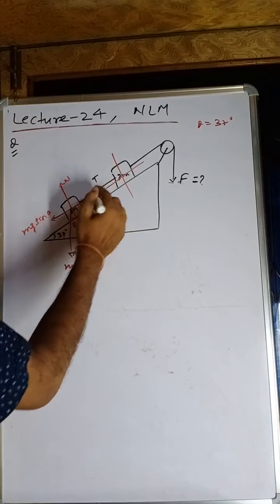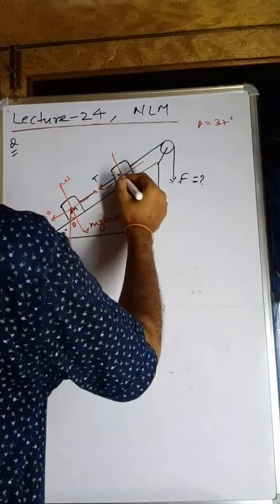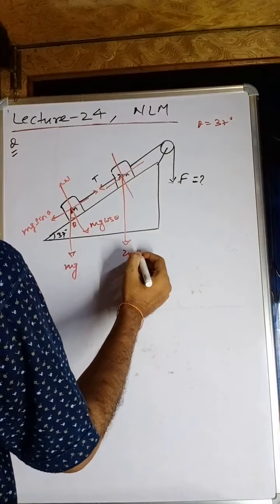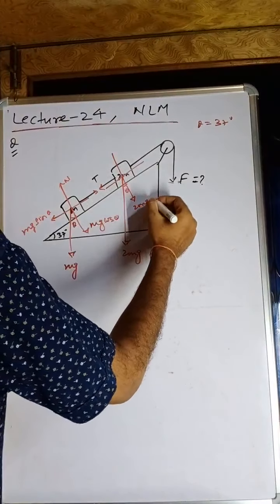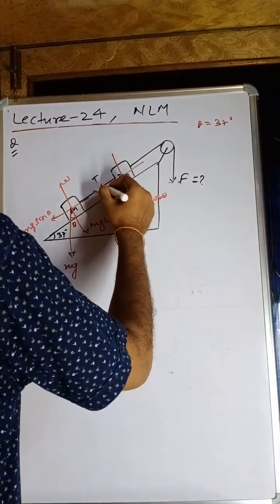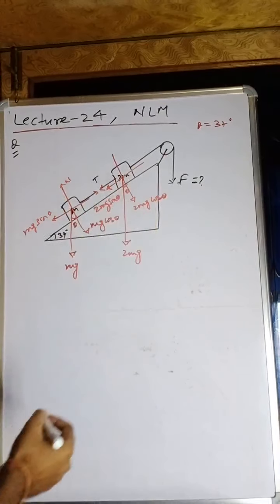Here we break the string, so there will be tension in both strings. Now it is twice mg, so this is twice mg cos theta, and this will be twice mg sin theta. I hope you understand.